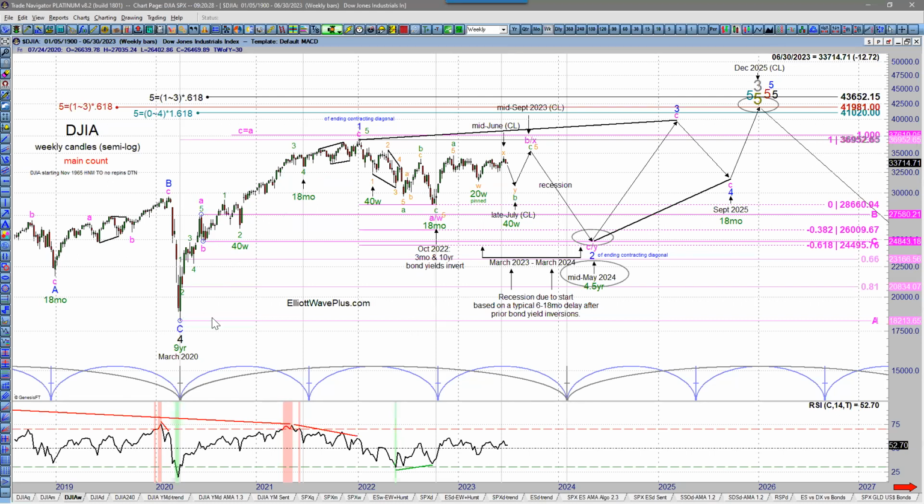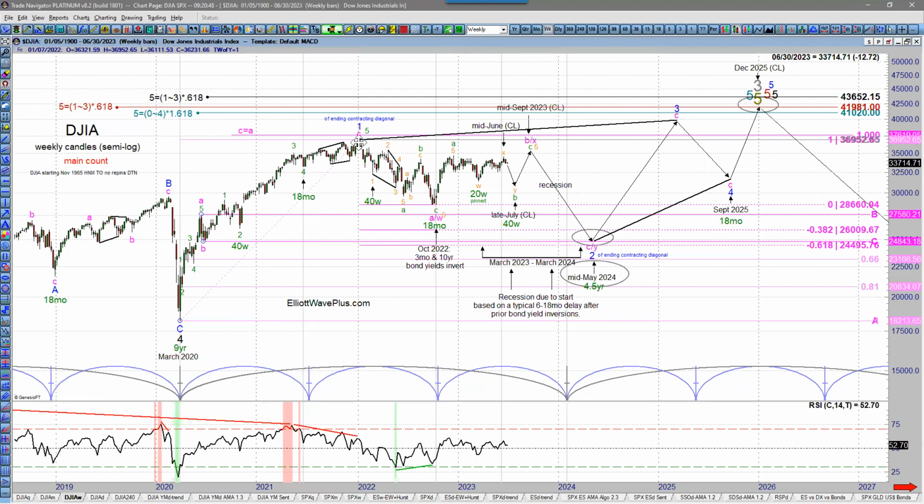And it subdivides as an ABC zigzag: 1, 2, 3, 4, 5 for A, a very quick wave B, then 1, 2, 3, 4, and then the fifth wave was an ending expanding diagonal at small degree.